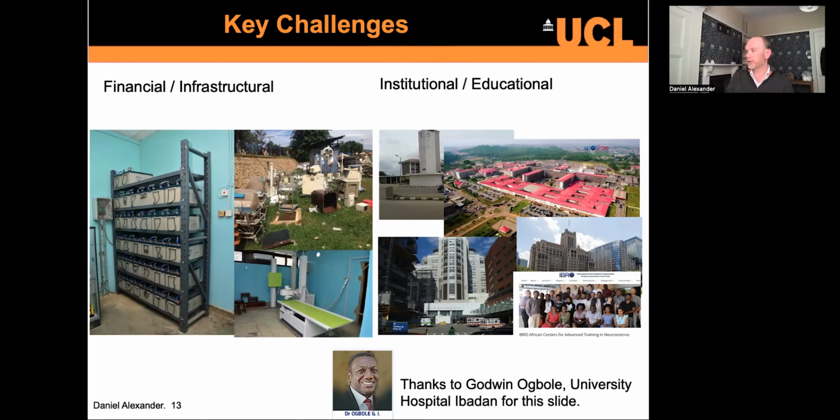Those are certainly challenges, but probably an even bigger challenge is the institutional and educational setup in many of these countries currently. There simply aren't the people available who can use these machines effectively, even when they are placed there. There's a kind of chicken and egg problem.